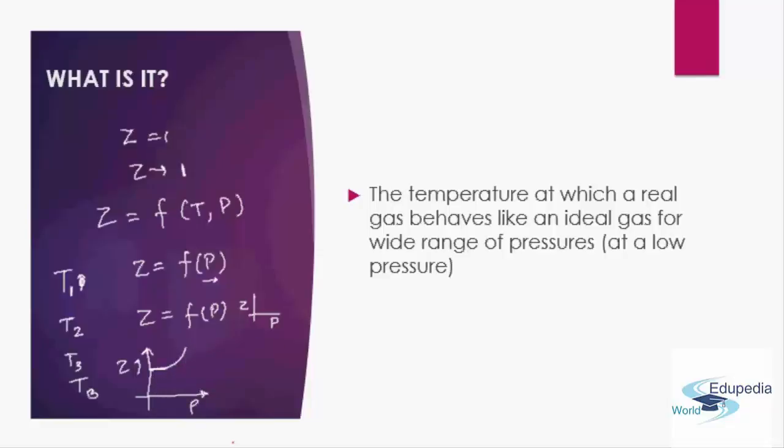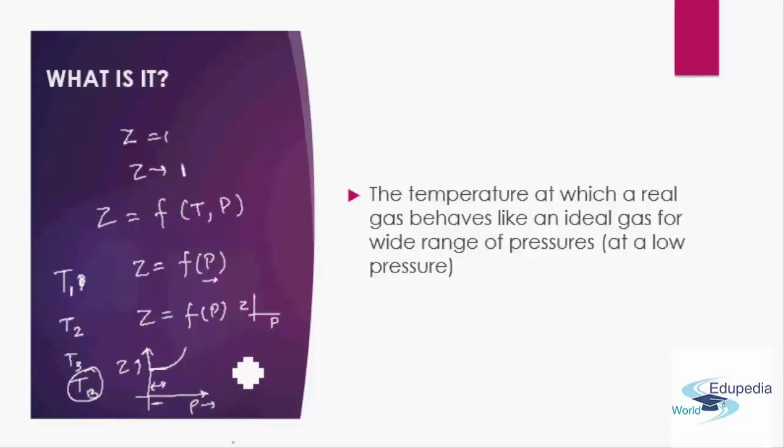at a low pressure. If you look at the definition, the final bracket shows that at low pressure, for this temperature value, which is called Boyle's temperature, Z tends to have a value of 1 for a wide range of pressure, but this wide range is limited to only low pressure values. If I keep on increasing pressure, if I keep on being greedy, then Z will finally stop being equal to 1 even for this particular temperature.